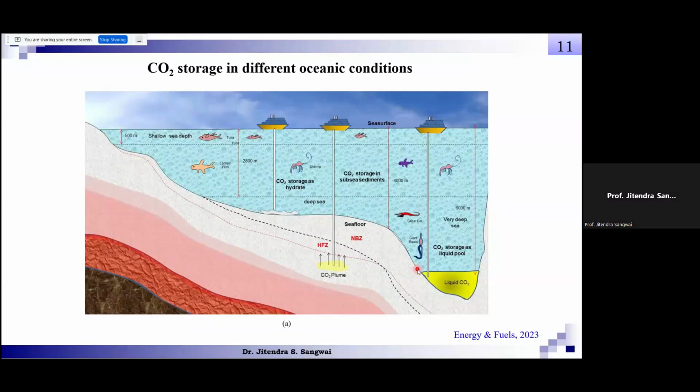Similarly, in the ocean, it's possible that you may have a liquid CO2 pool, and you can actually have a solid hydrate layer formed on top of the liquid CO2 pool. So this is one potential pathway. Of course, it requires much greater depth. Now, the technologies are there: the oil and gas technologies that are already in the basket can easily be exploited to do CO2 sequestration, right?